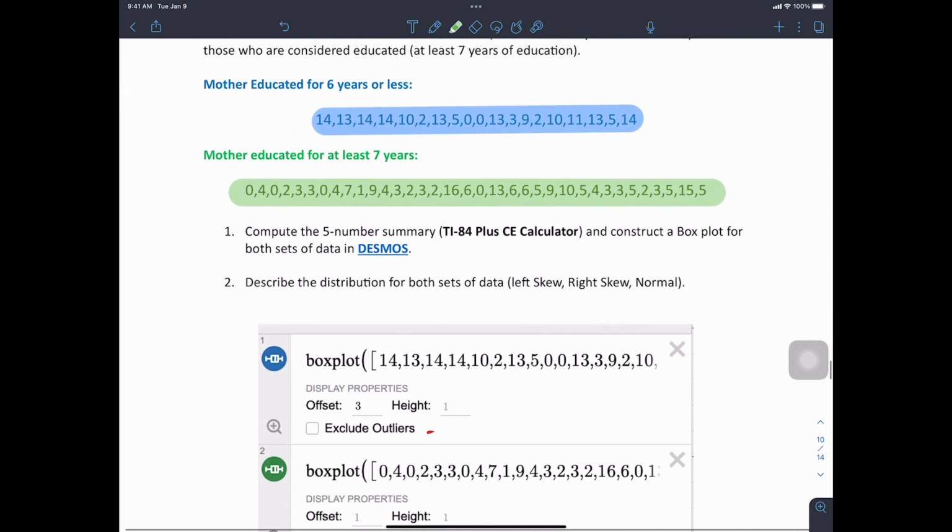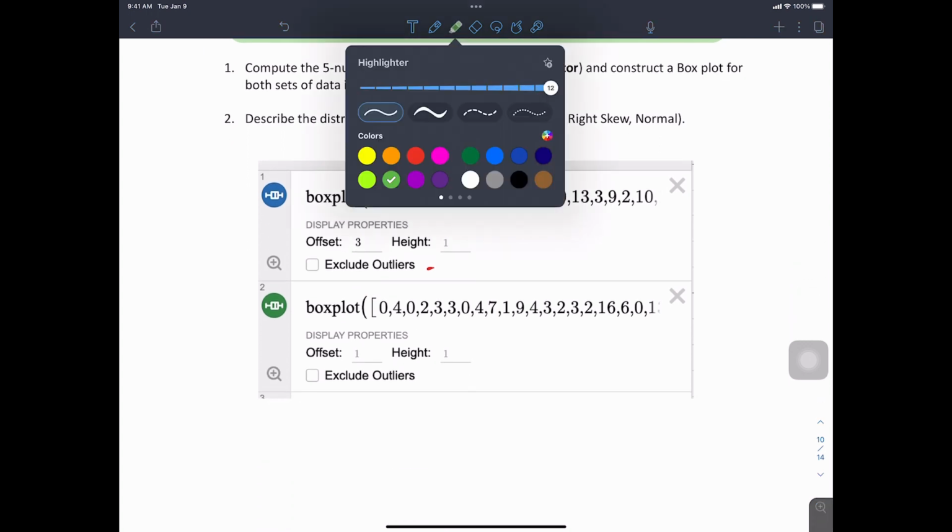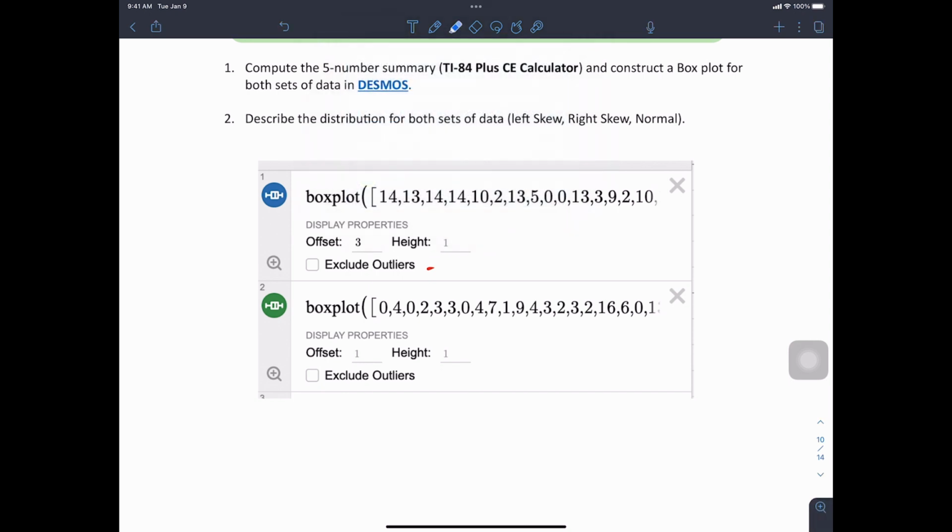So in this example, you're computing the 5-number summary in the TI so that you can construct what? You're going to look at the box plots now because we're going to compare box plots. I put the box plot in blue; that's the least educated mothers.